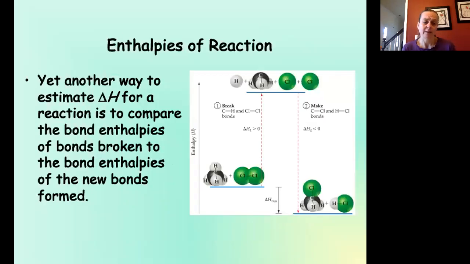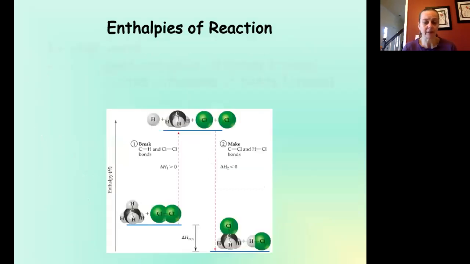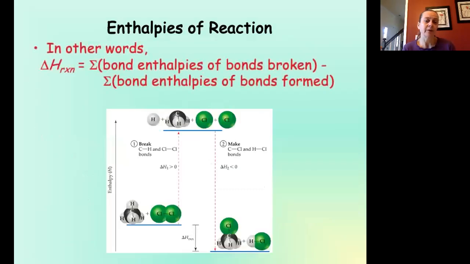So we can compare enthalpy of bonds broken to the enthalpy of the bonds formed, and that's going to allow us to calculate the enthalpy of the reaction. So enthalpy of reaction is going to equal the sum of the bond enthalpies of the bonds that are broken minus the sum of the bond enthalpies of the bonds formed.